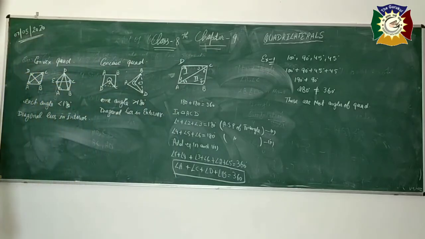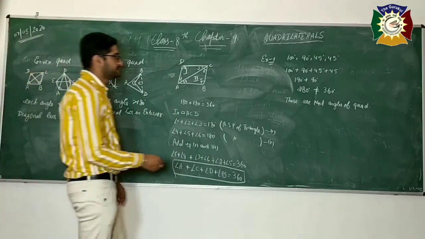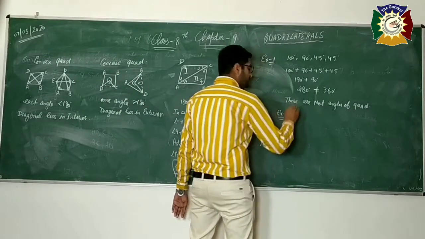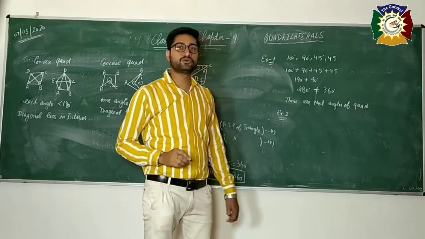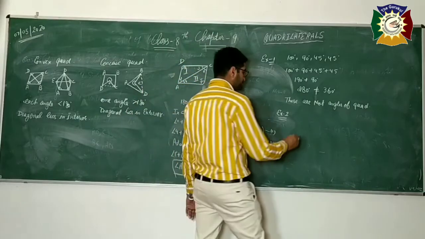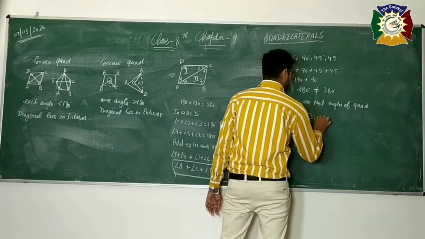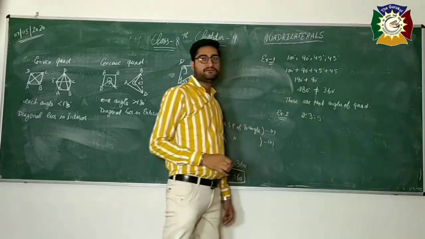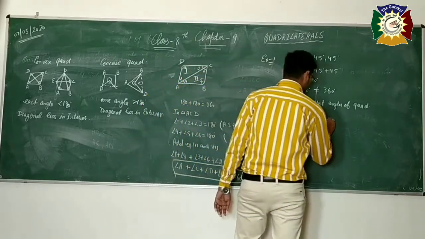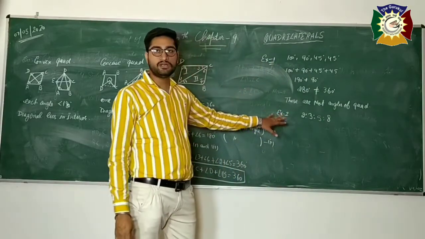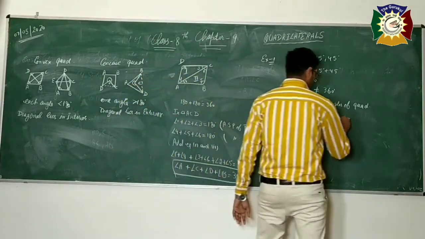Now the second example. If the angles are given in the ratio, like the 4 angles given in the ratio 2, 3, 5, 8, and we have to find the 4 angles.